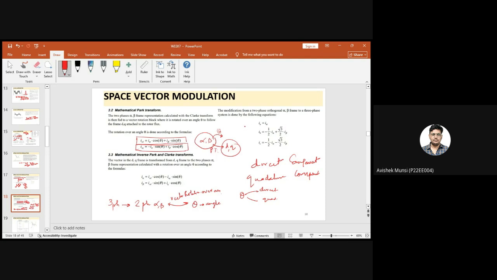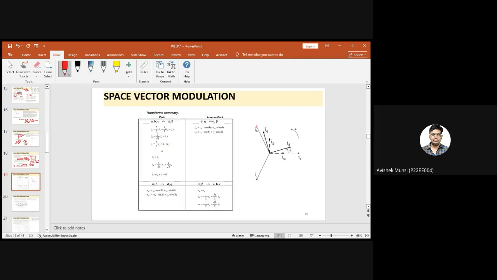Finally, if we relate this, we get a finalized relation like this. So try to note this transformation chart. This will help you all, because this is my Park transformation, and this is my inverse Park transformation chart. You can convert using this. So this is my alpha beta ABC.